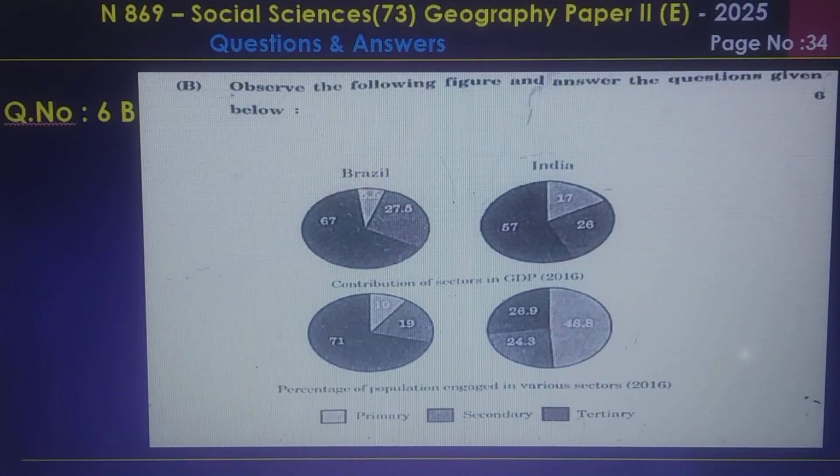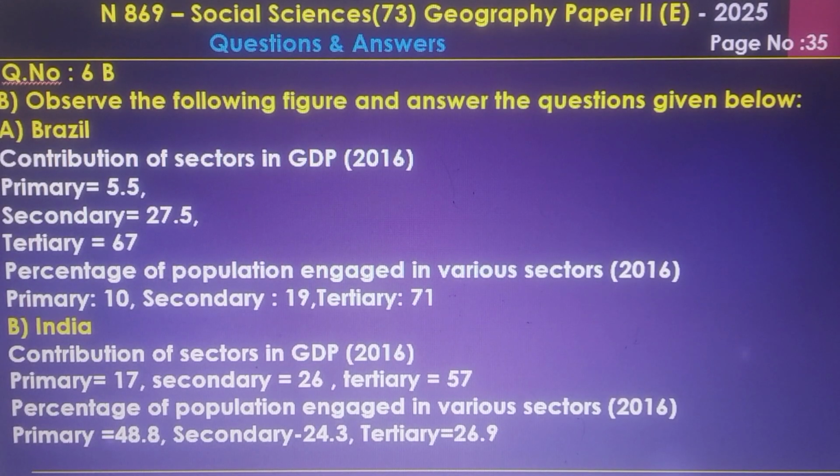The question number 6b, observe the following figure and answer the questions given below. Brazil and India: contribution of sectors to GDP in 2016 and the percentage of population engaged in various sectors in 2016: primary, secondary and tertiary. For Brazil, the contribution to GDP in 2016 is primary 5.5, secondary 27.5 and tertiary 67 percent.